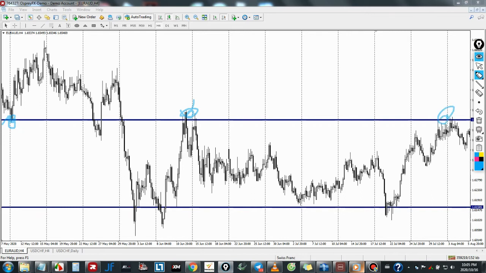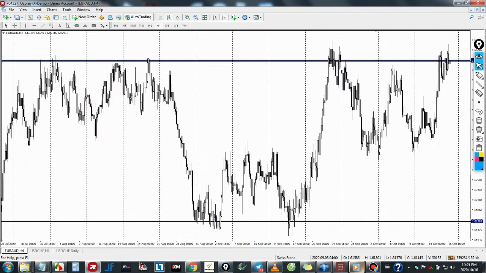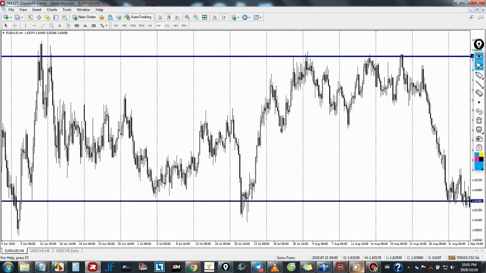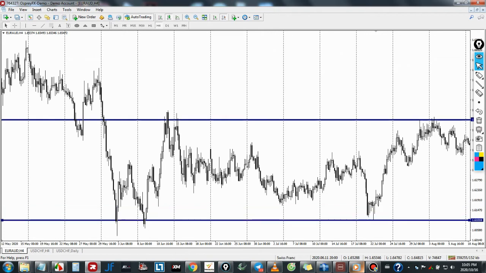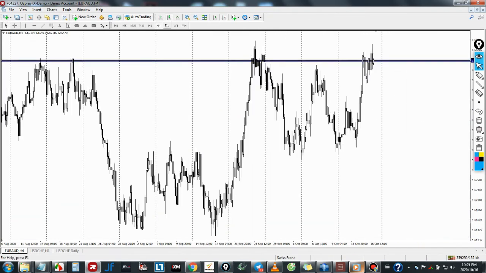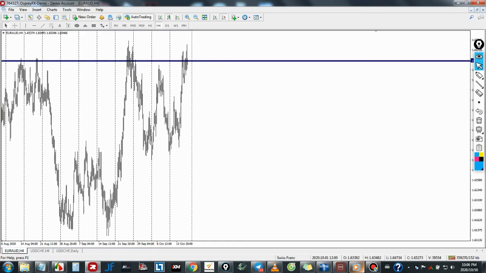I will even move the one that is beneath to the support line level. So yeah, I'm happy with the resistance. So let me adjust the support one. I will adjust it here. I'm quite happy with this range. It's a very nice range.